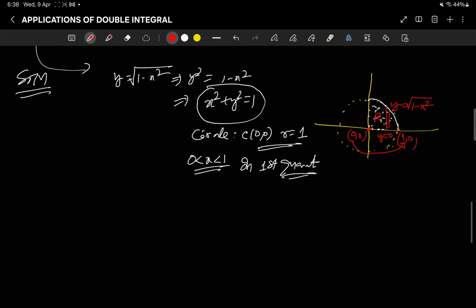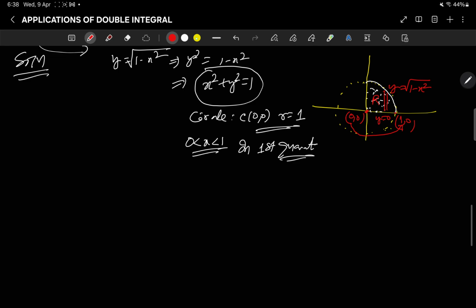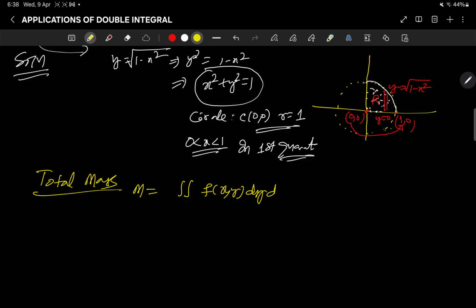Now coming to the total mass. Here m is equal to the double integral of f(x,y) dy dx over this region R. So this is equal to the integral from 0 to 1, and 0 to square root of 1 minus x square, of 1 into dy dx.